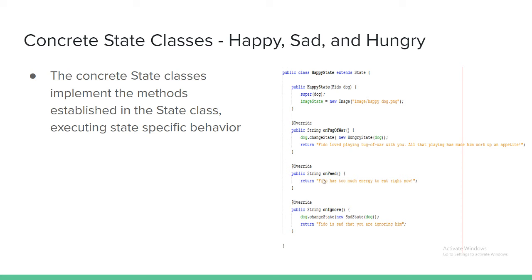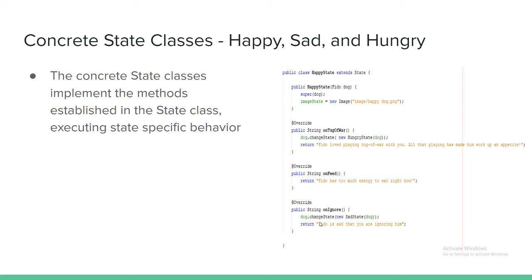And then if the user tries to feed Fido while he's happy, it returns a message, the string saying Fido has too much energy to eat right now, and his state does not transition states.